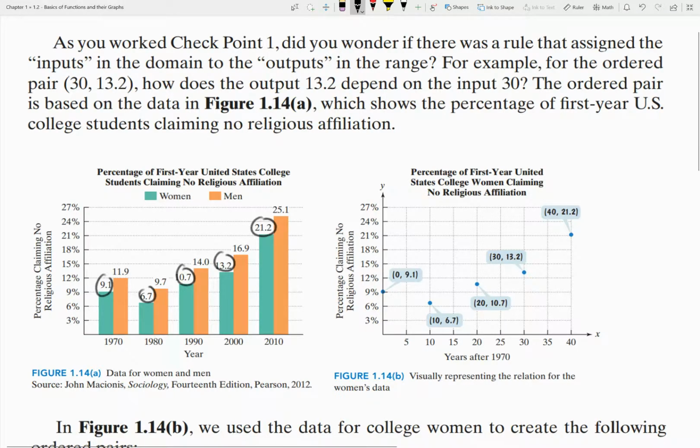And in fact, if we change the scale on the bottom from just strictly years, like we have right here, to years after 1970, we now can get the 5 ordered pairs that we graphed in our checkpoint. 0, 9.1, and 10, 20, 30, and 40 with my different outputs, my different percentages.